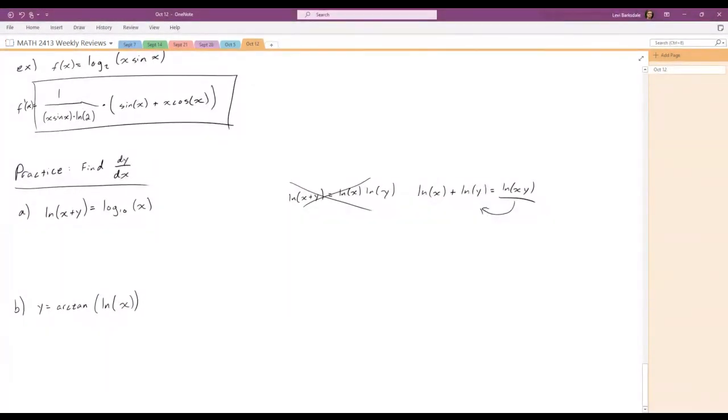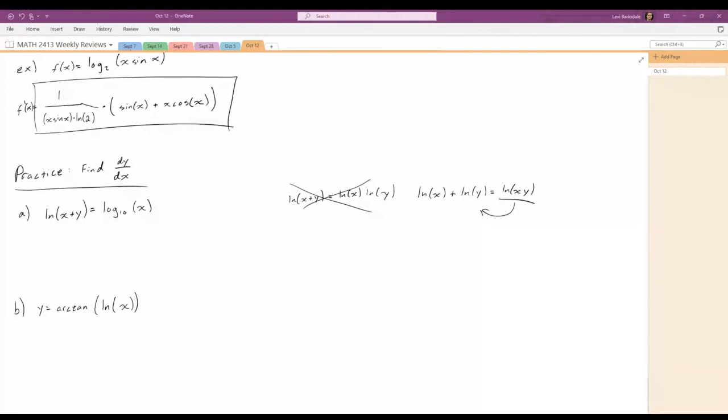But in general, it's probably not a great idea to go from this to this, just because it'll probably make you use the product rule. Yeah, don't worry about it. Good thinking. It always is good to think about your log rules that you can use, but in this case, they don't apply. And again, taking the derivative using the product rule is harder than not using the product rule.